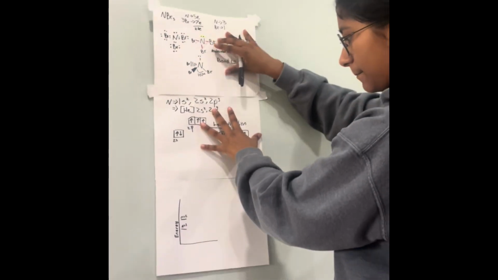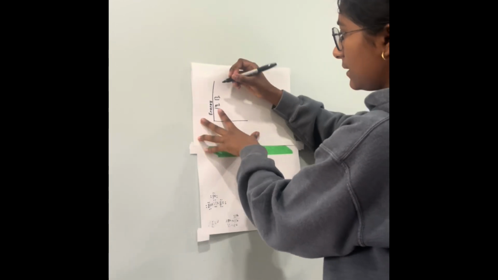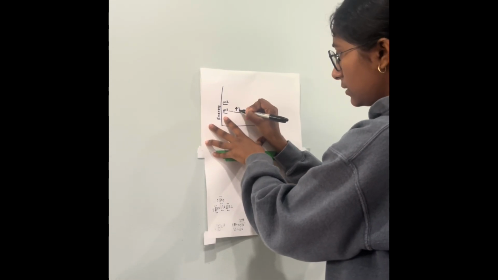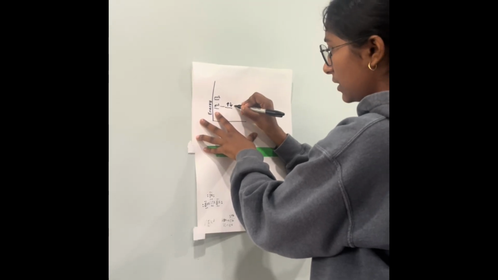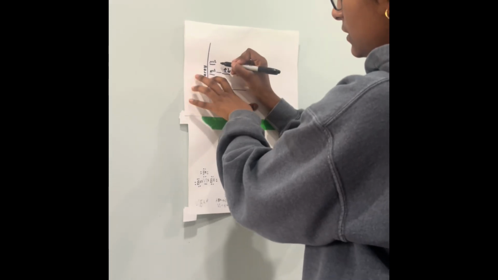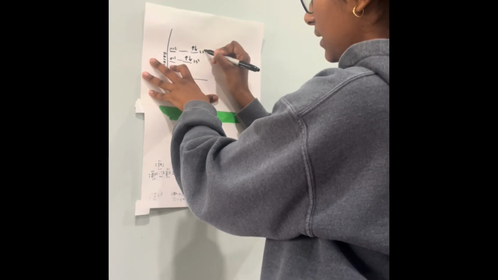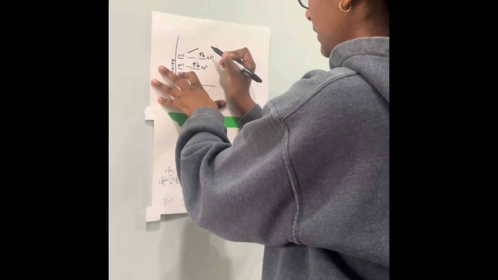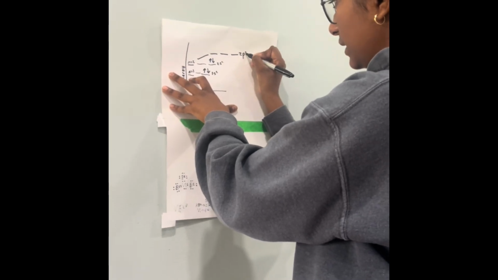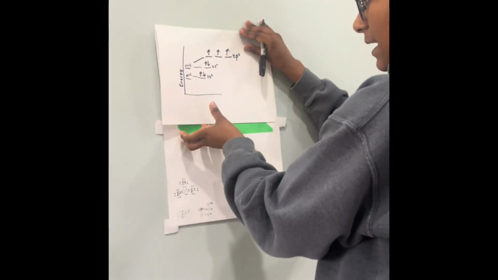So this is going to be our 1s2. This one, I'm going to do our 2s2. And then there, 1, 2, 3. This is going to be our 2p3. And there we have it.